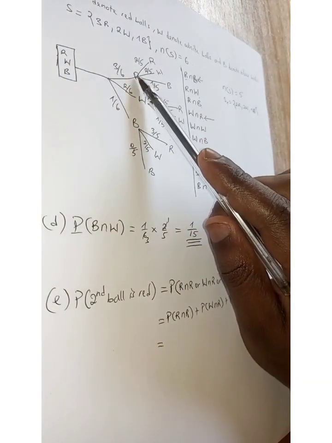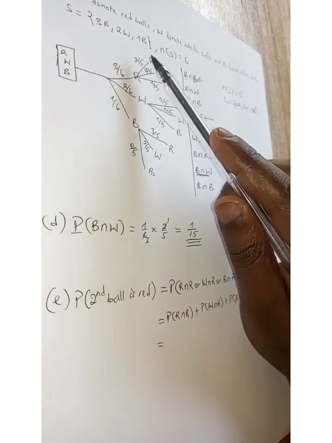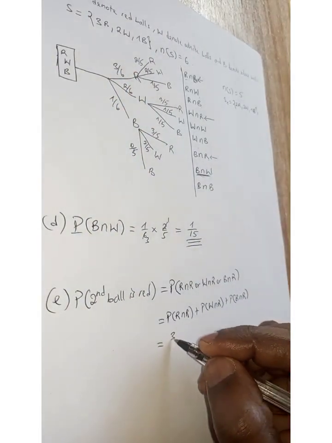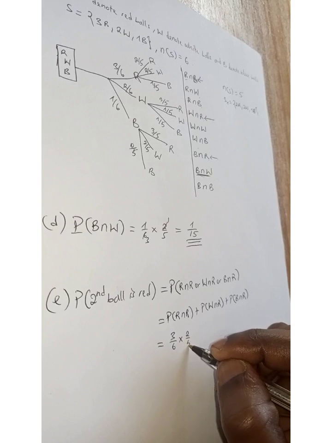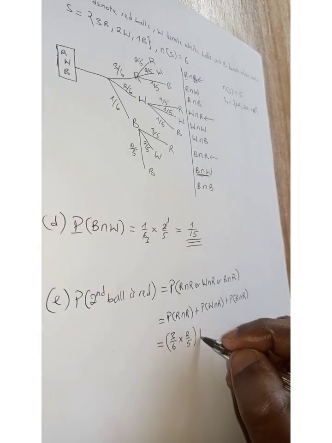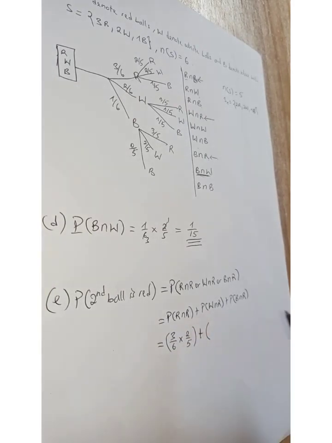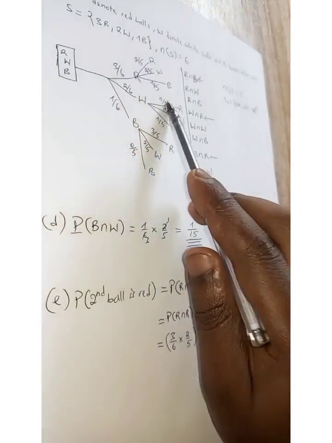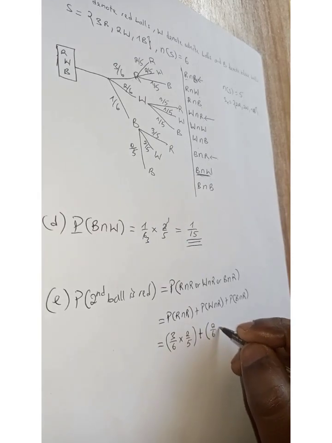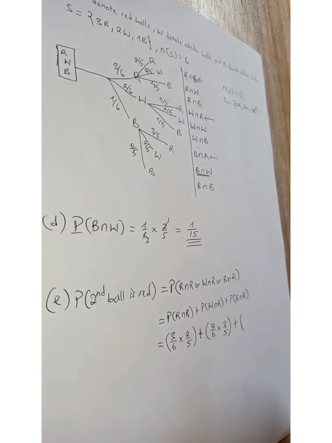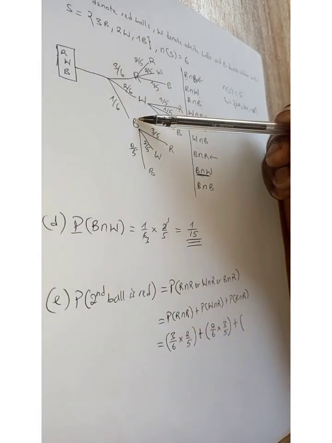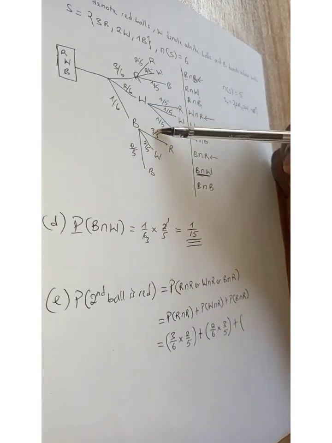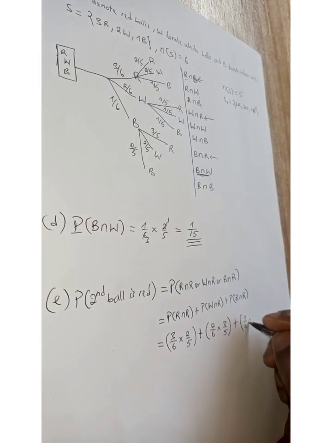We come back here, this is red and red, so 3 on 6 times 2 on 5, plus white and red. So white and red, we have 2 on 6 and 3 on 5, plus blue and red. This is blue and this is red. So 1 on 6 times 3 on 5.